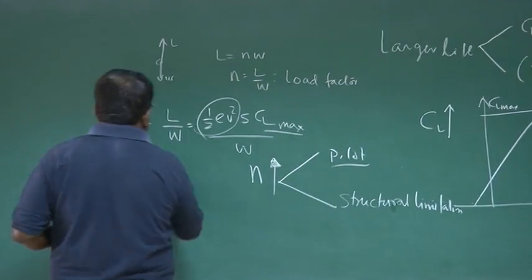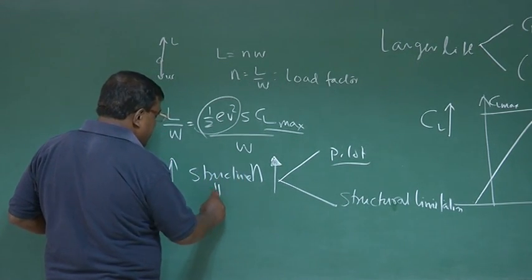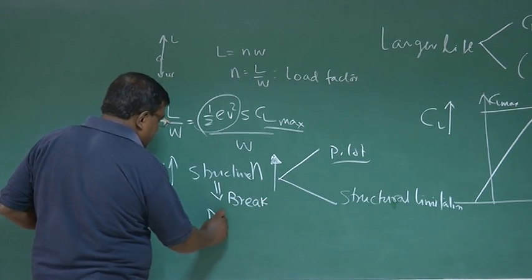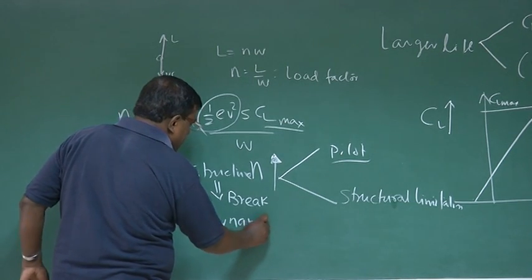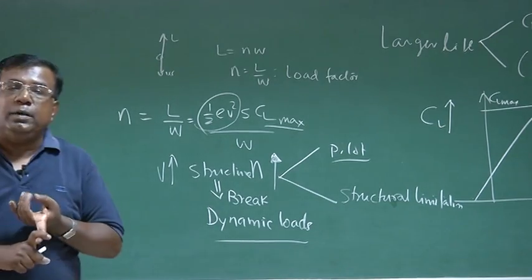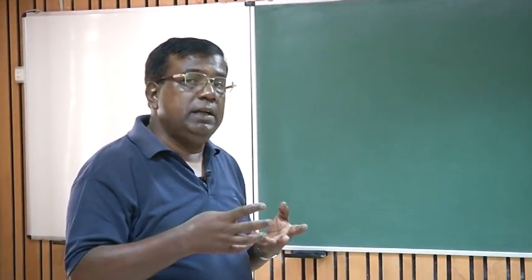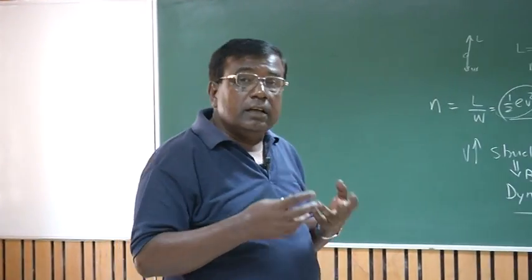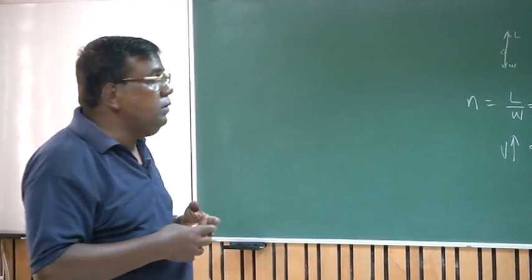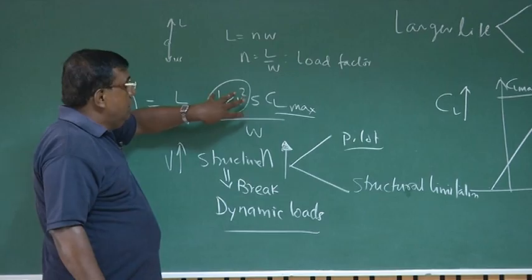So if I go on increasing V, the structure may break or fail because of dynamic loads. One is the CL max limit, one is the limit because of N, which is the pilot's limitation, then the structural limitation to withstand large inertial load, and also because of the high dynamic load through half rho V square dynamic pressure, the structure may break.